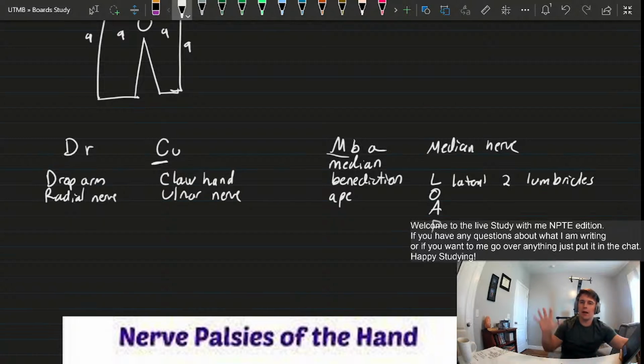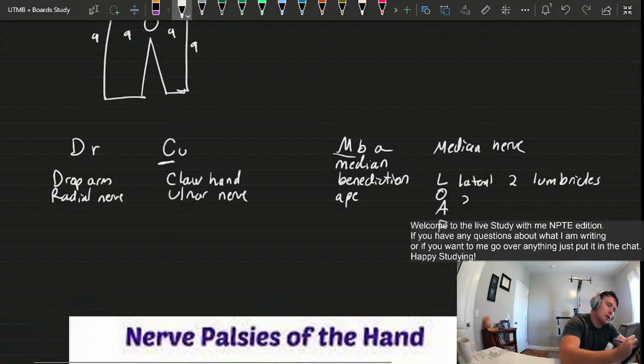So if you're standing in anatomical position, which is out like this, your lateral two lumbricals are your thumb and your index finger. O, which is opponens pollicis. A is abductor pollicis. And F is flexor pollicis.